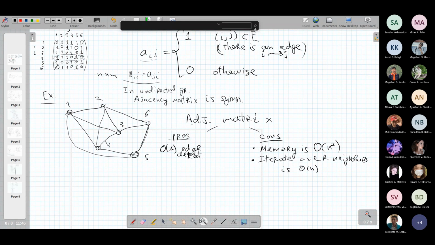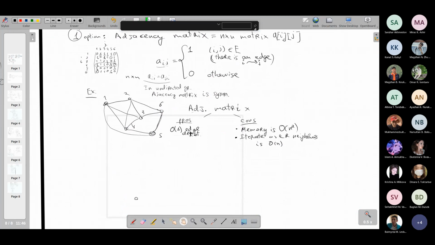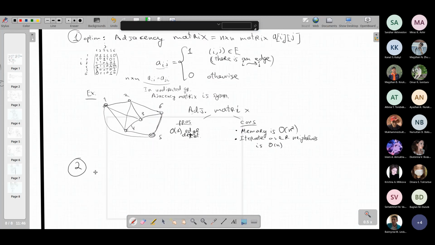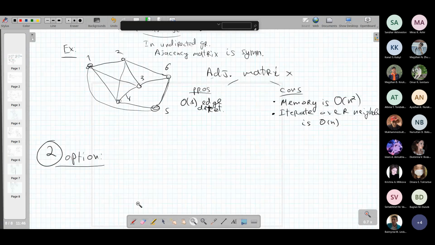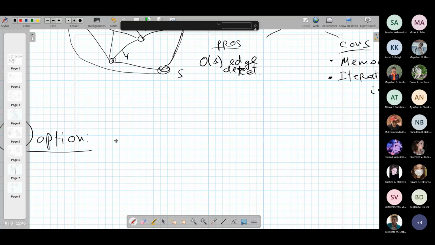Okay. So another way of storing is the second option, so-called adjacency lists.